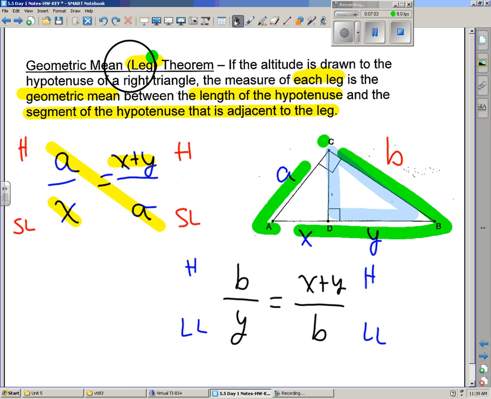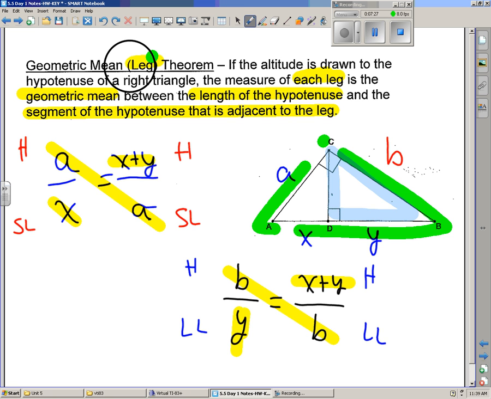Here we go. If I go back to the words, the leg B is the geometric mean between the whole hypotenuse, X plus Y, and the part of the hypotenuse attached to that leg B, which is just Y. So those are the two proportions that you need for the leg theorem.